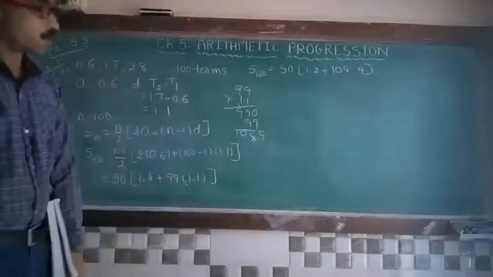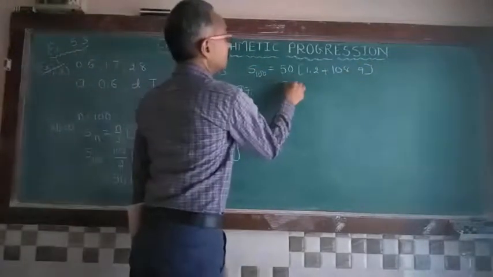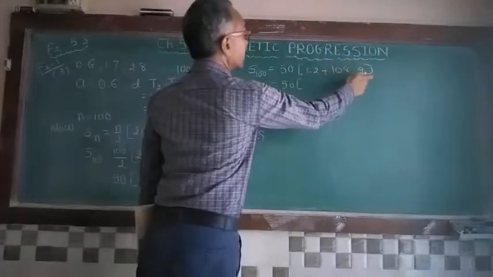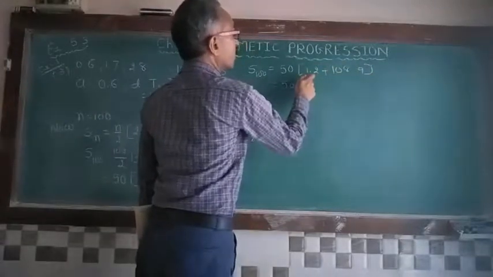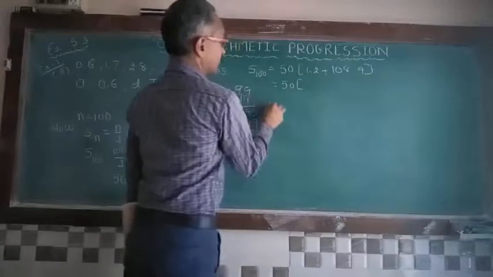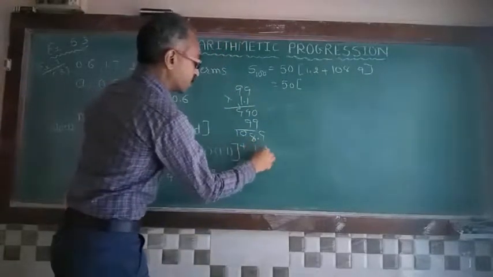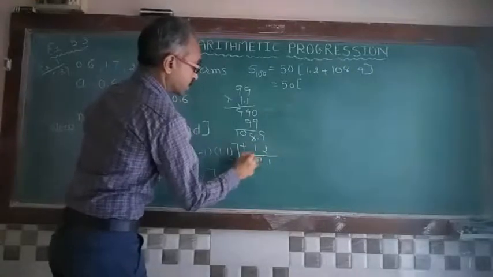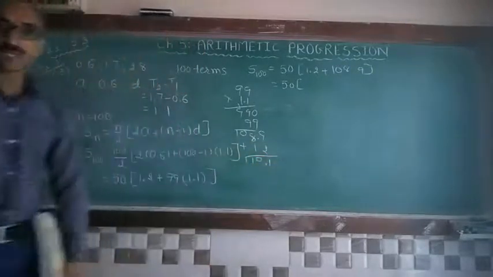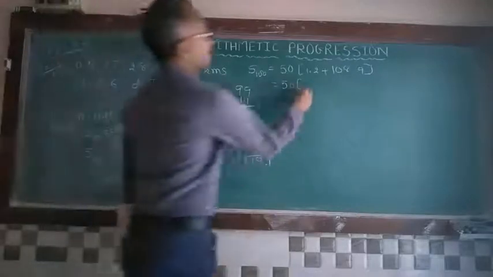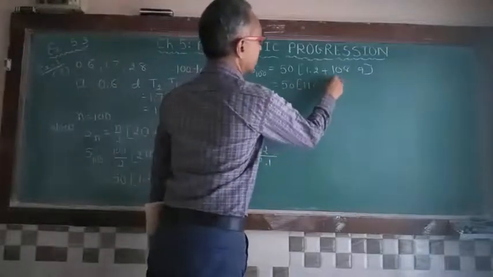So 50 into 108.9 plus 1.2, that is 108.9 plus 1.2, that is 110.1.